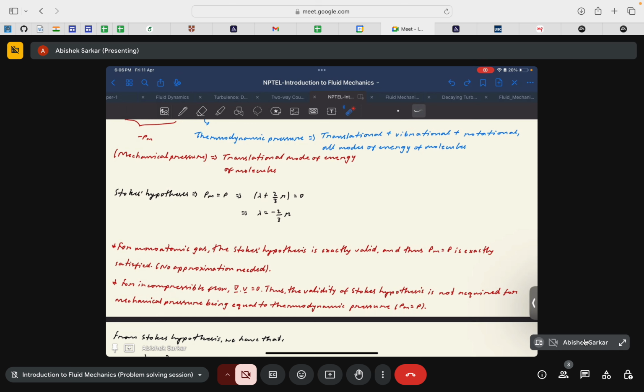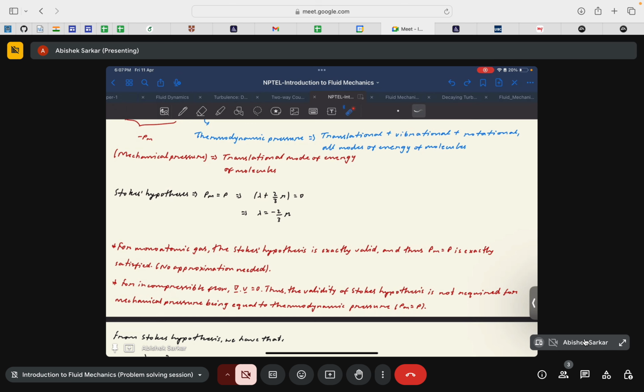And in general, this case is satisfied in most of the fluid flow scenarios that we face in our day-to-day life. But if there is a scenario when the time scale of change of the fluid flow is lower than the relaxation time, then the Stokes hypothesis is not valid. These scenarios arise in very specific cases.